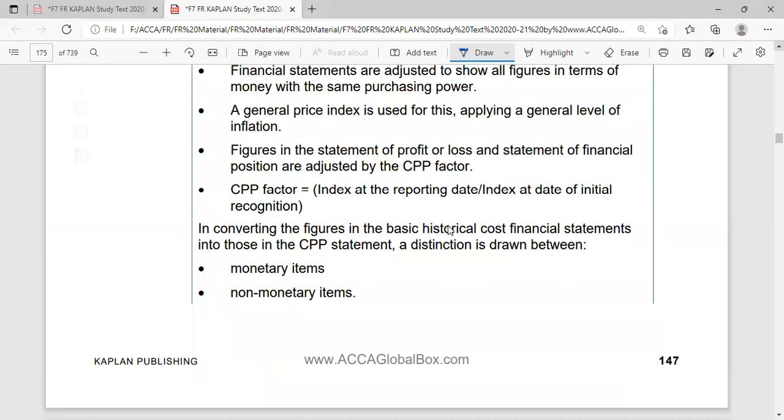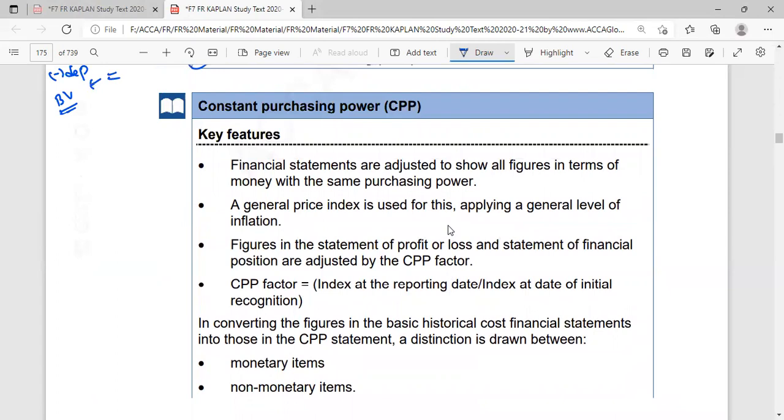First, coming to the constant purchasing power, these two items are there, monetary items and non-monetary items. Monetary items are subjected to changes in the value of money, so market fluctuations are already reflected in them, and adjustment for changes in the value of money is not required there.